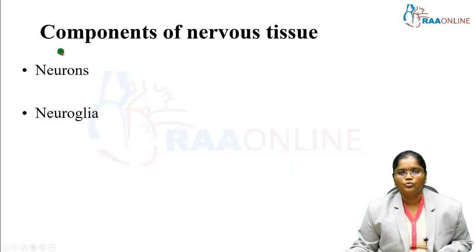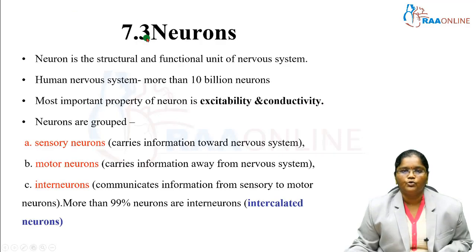Now let's go to the components of nervous tissue. What are the structures present in the nervous tissue? The main structure is the neurons, and the associated supportive structure is the neuroglia. Now let's see about the neurons.